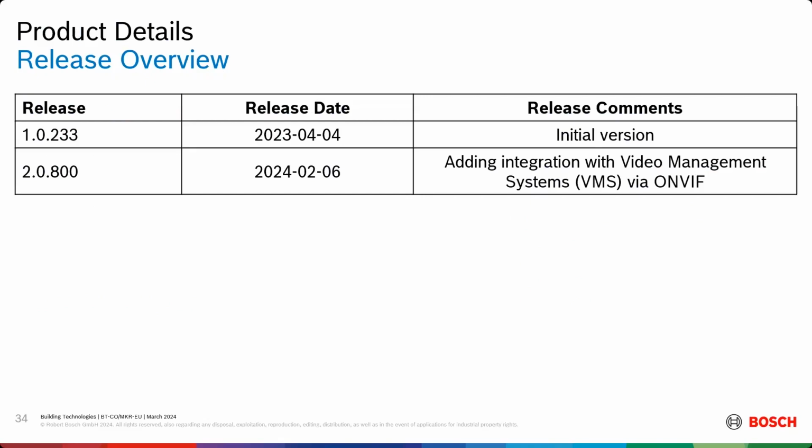If you want to know more details about the release, you can check the release notes, because the release notes give an overview of new functionality compared to previous releases, like shown in the next slides.